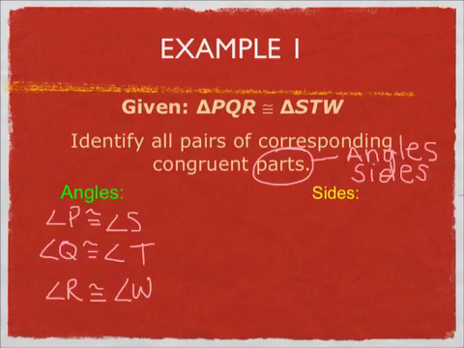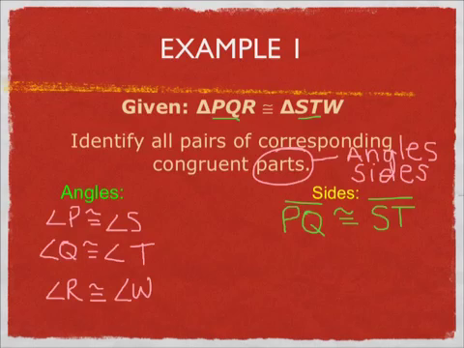It's a line segment. So one side of this first triangle would go from P to Q. So we would say segment PQ is congruent to segment what in the second triangle? ST. Good. PQ would go with ST.